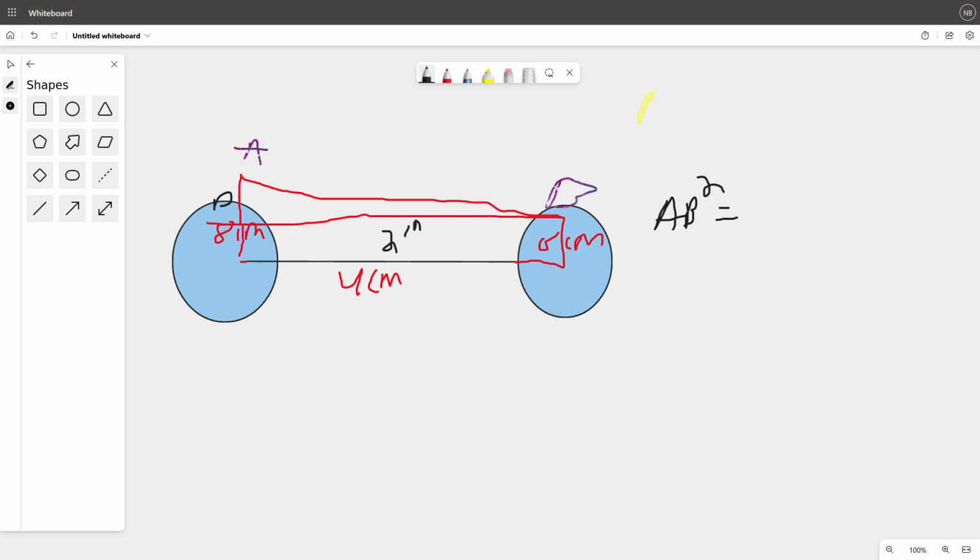I was overcomplicating things. So in this case it would be 2 centimeters, squared. Actually, I don't know if we're supposed to add centimeters squared, but I don't really care.